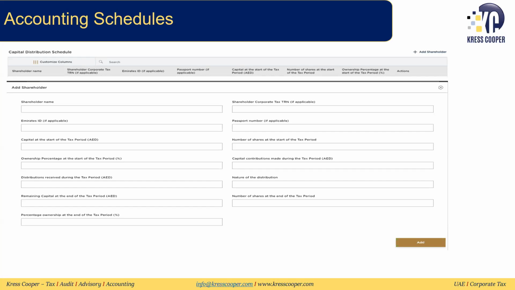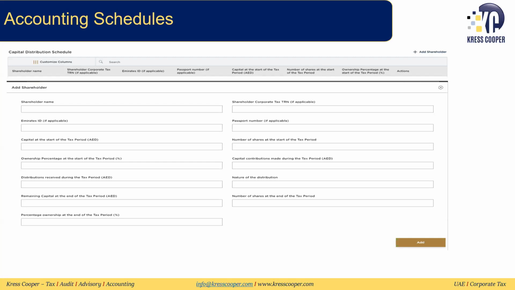the tax period, the number of shares at the start of the tax period, ownership percentage at the start of the tax period, capital contribution made during the tax period, distribution received during the period, nature of the distribution, remaining capital at the end of the tax period, number of shares at the end of the tax period, percentage ownership at the end of the tax period. It is basically taking the information about the shareholder, about what was the ownership at the start of the year and at the end of the year, and what distributions were received.